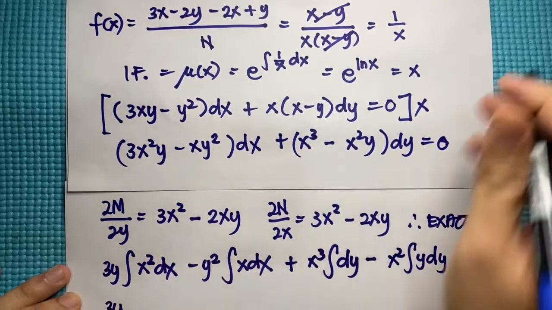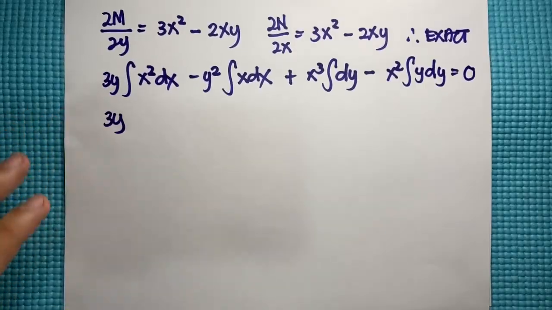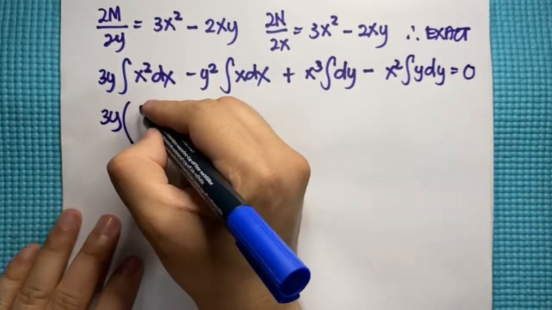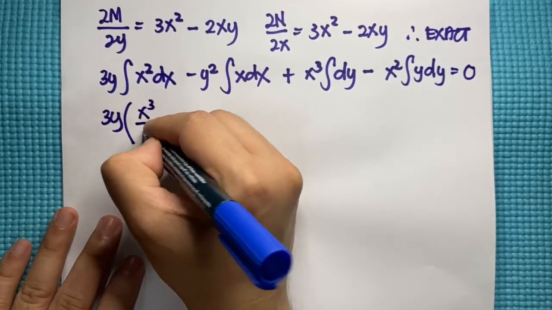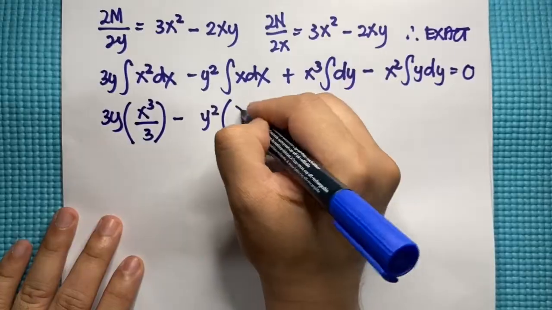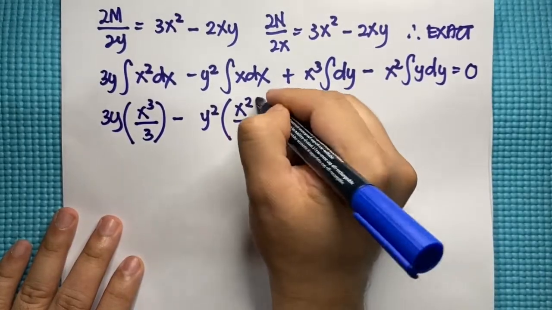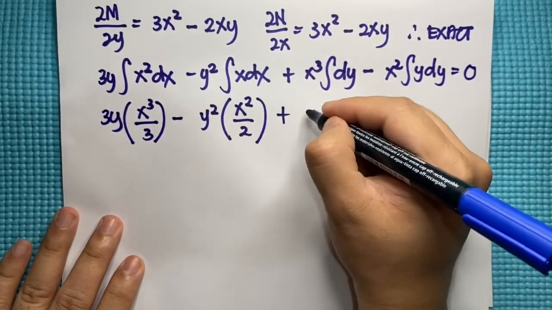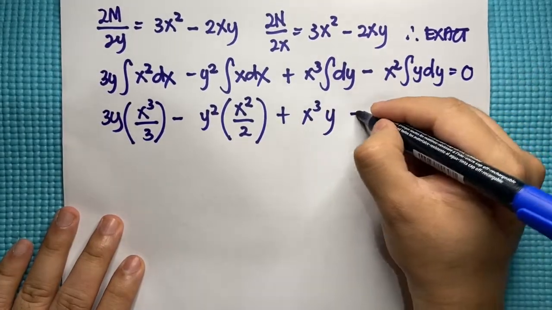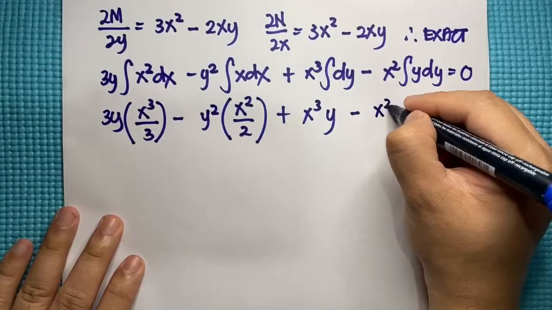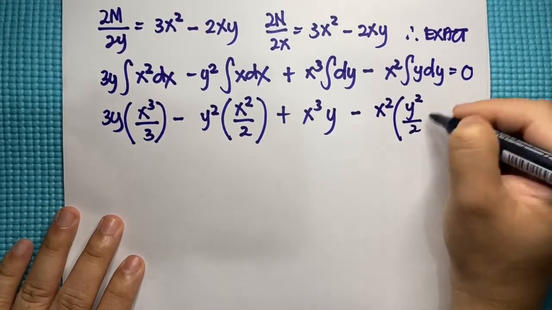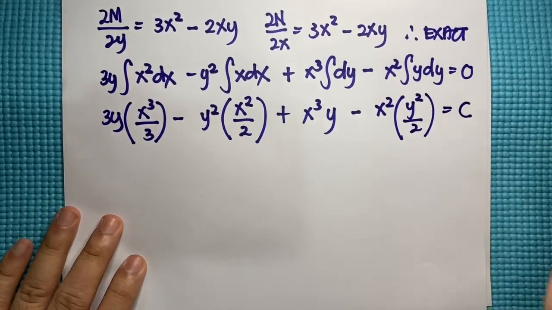So 3y multiplied with x cubed over 3, minus y squared times x squared over 2, plus x cubed multiplied with y, minus x squared multiplied with y squared over 2, equal to c.